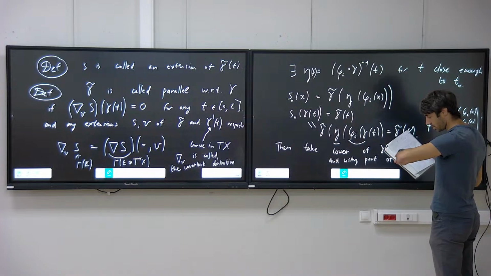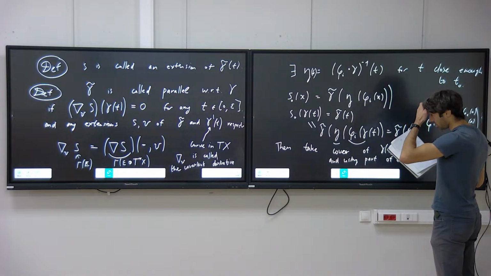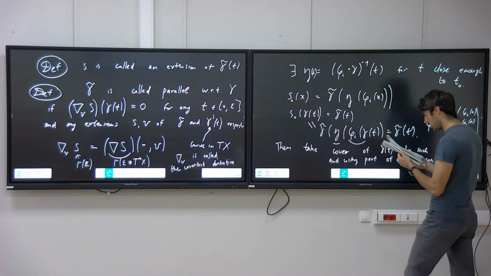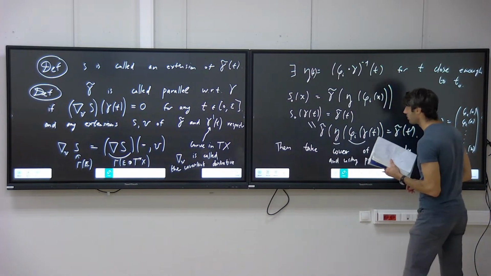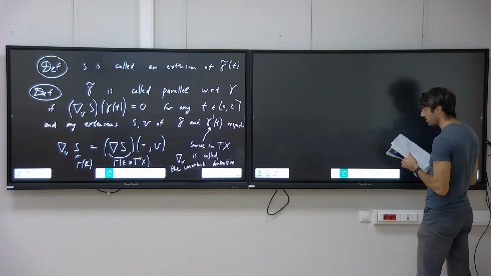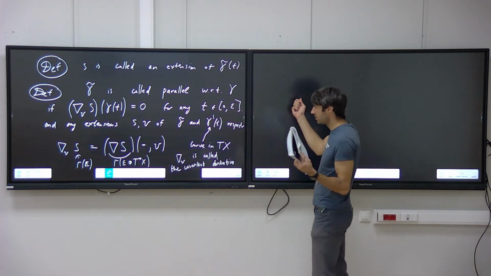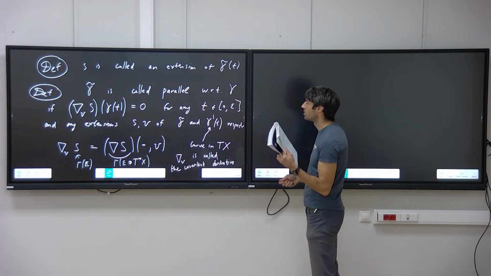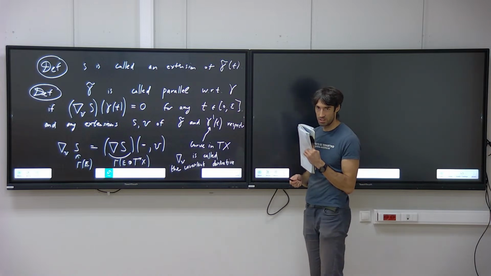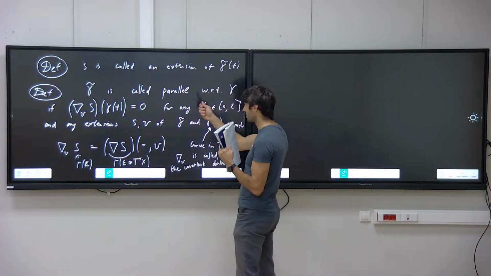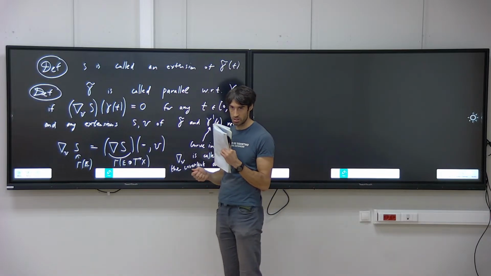So my finish at 10:20, right? Okay, so let me try to check the following thing. I gave some definition, and I need to worry whether it depends on S and V. It should depend only on gamma and gamma tilde, not on extensions, right?